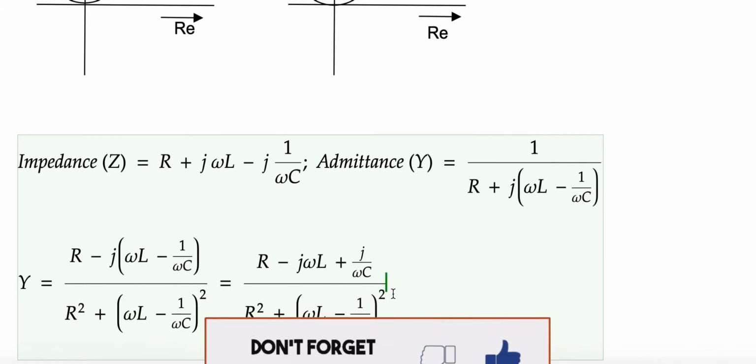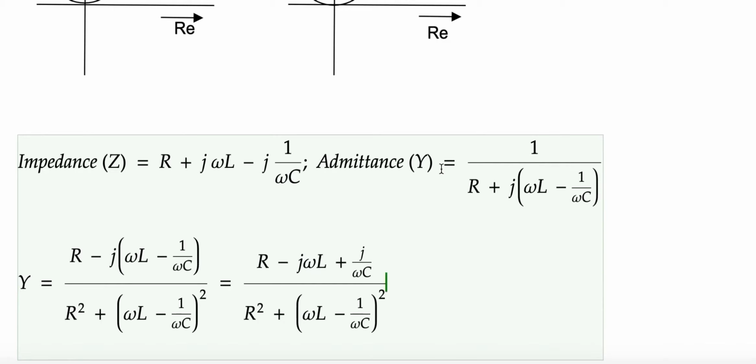So when omega is 0, the admittance is 0. When omega is infinite, the 1 by omega C part becomes 0 and the omega L part becomes infinite, and again 1 by infinite is 0. So it starts from 0 and ends at 0.